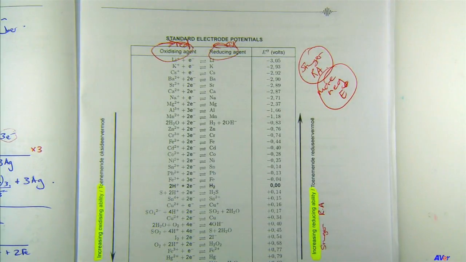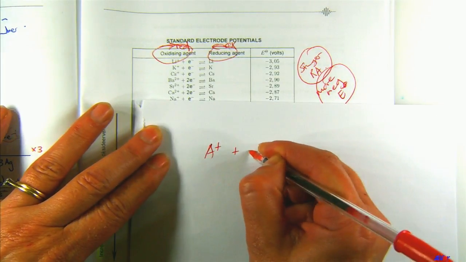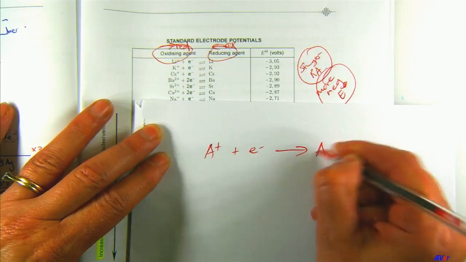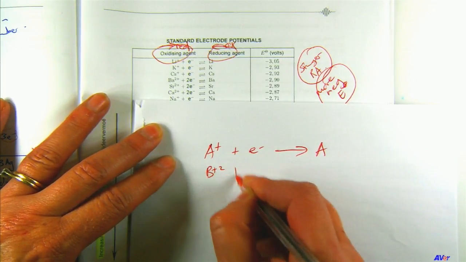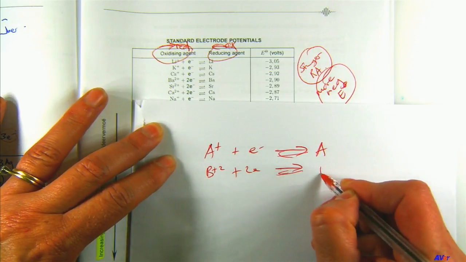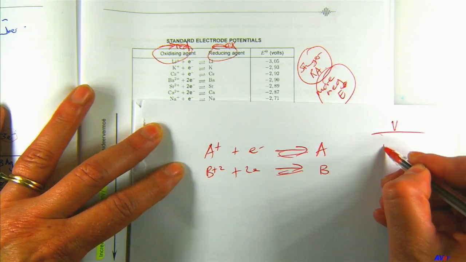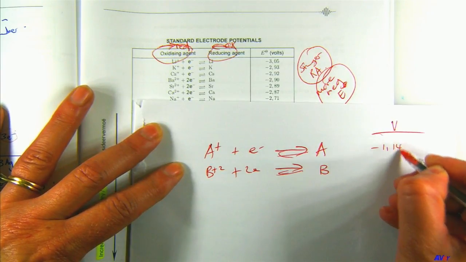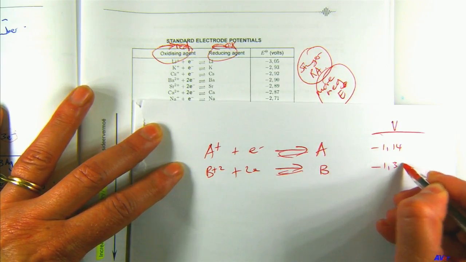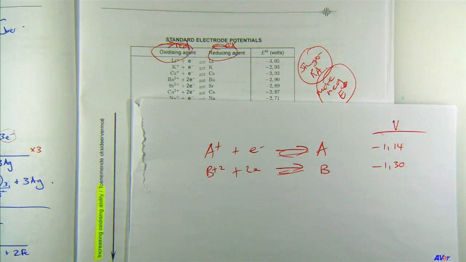So now they can give you strange things that are not even on the table. They can tell you, I've got A plus, which reacts with an electron to give you A, and I've got B plus 2 electrons gives you B, and the voltages are minus 1.14 and minus 1.30 volts. Which is the stronger reducing agent?